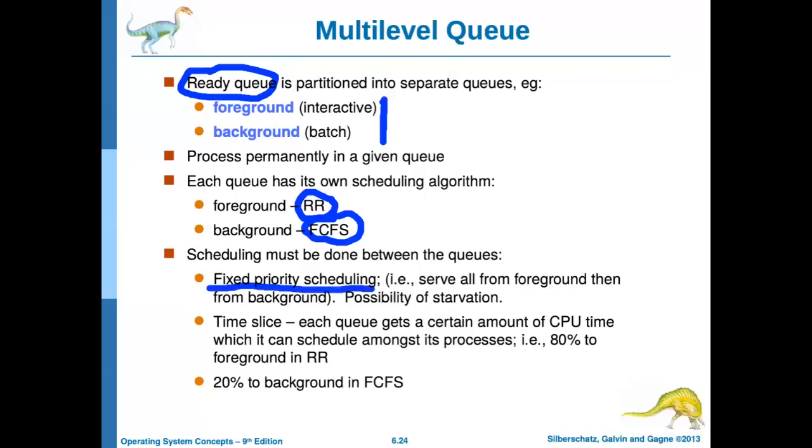The meaning of this is, all from foreground first, then from background, which will possibly result in starvation. One of the policies we already discussed is starvation. Starvation is when, due to high priority or due to one of the parameters selected for scheduling, a process is not getting a chance of execution.